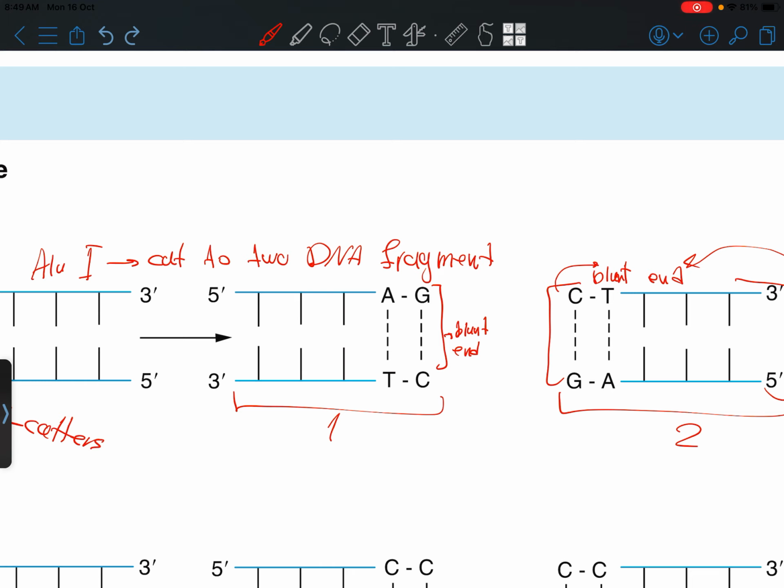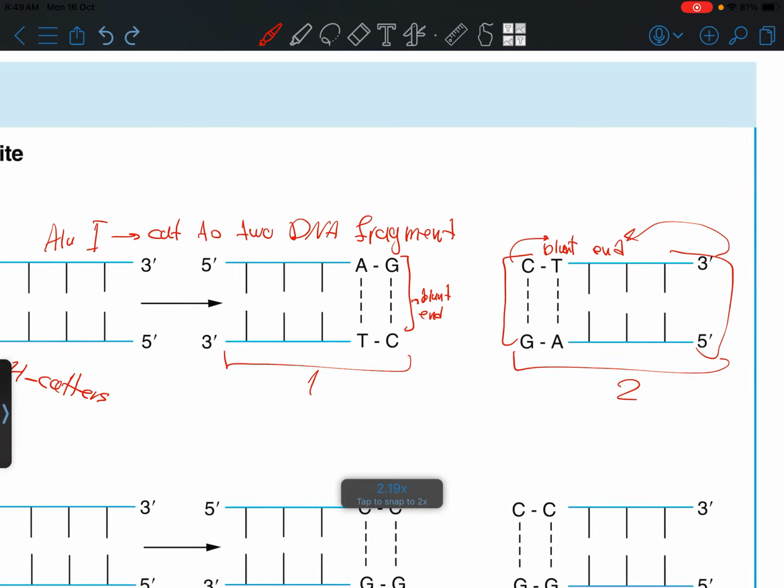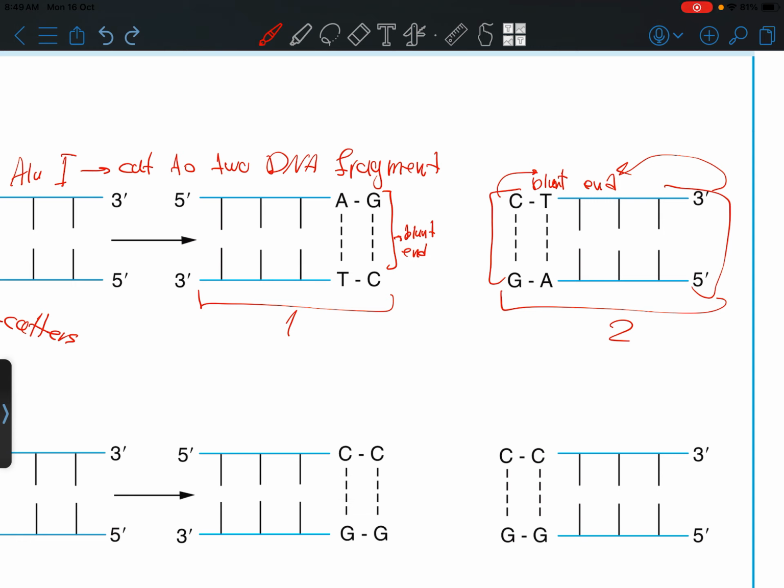Okay? Now here, let me repeat the question. If we take these two DNA fragments, put them in a tube, let's say, and then we add what? DNA ligase.